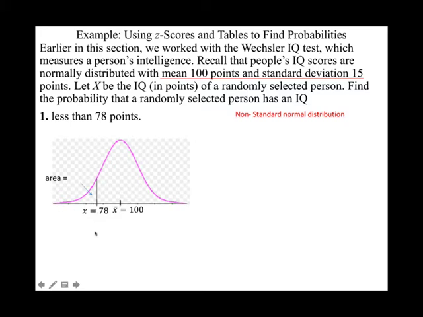Okay, since this is the non-standard normal distribution, if we want to use the table A2, we have to convert it to the z-score. Remember we learned the formula from the previous example? We do have this formula, right? Finding the z-score when you know the X. So now I want you to plug it in and tell me what you get for the z-score.